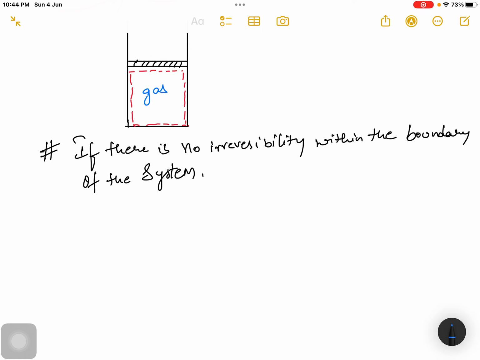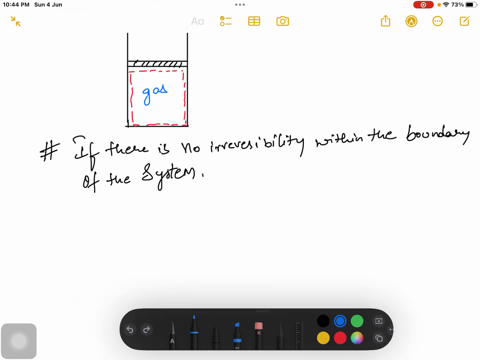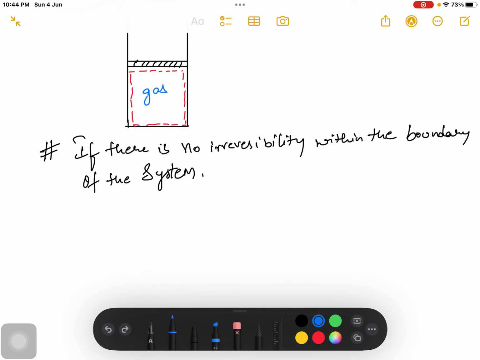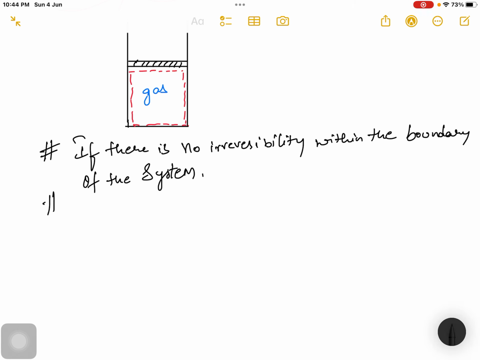As this is a closed system, I told you that at every intermediate state of this process, the properties are uniform throughout.